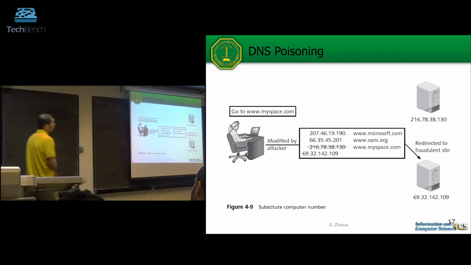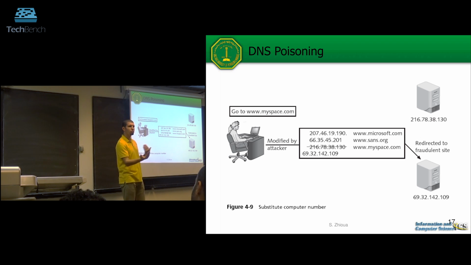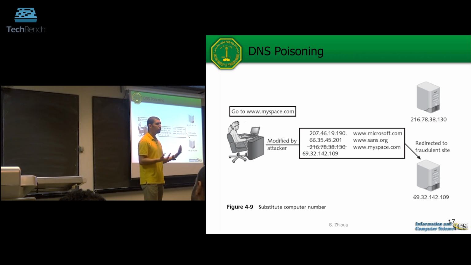DNS poisoning. Here I think the next 3 attacks are about DNS. You know the DNS protocol maps domain names to IP addresses. You have the domain name, you need the IP, so you use the DNS protocol for that. If the mapping between domain names and IPs is compromised, you can redirect legitimate users to malicious websites.